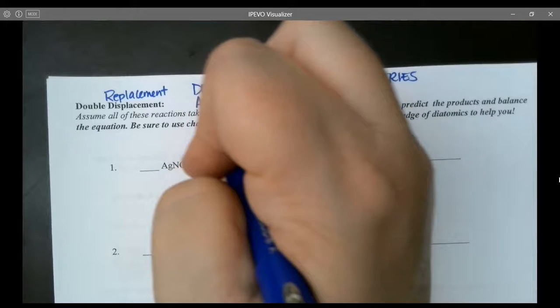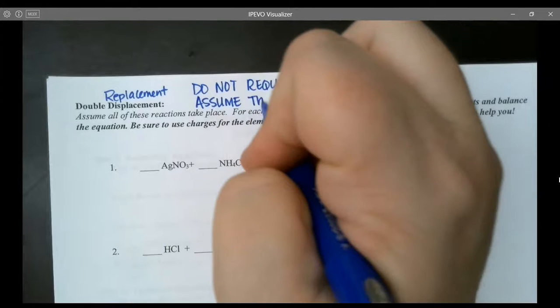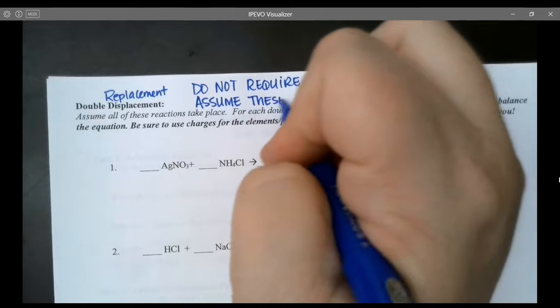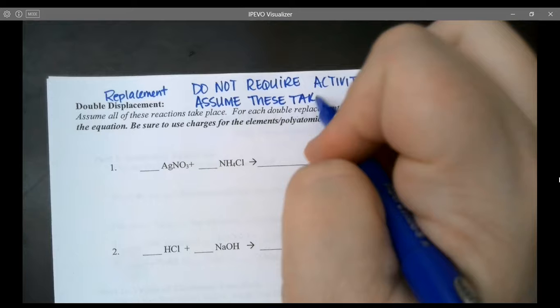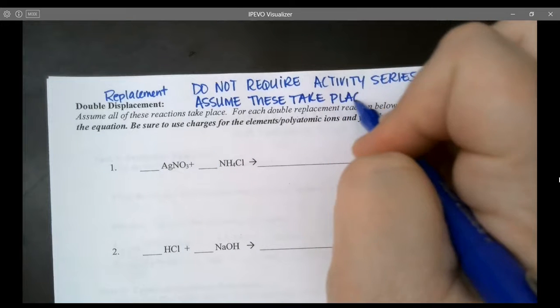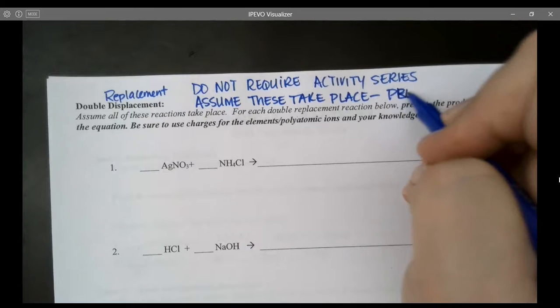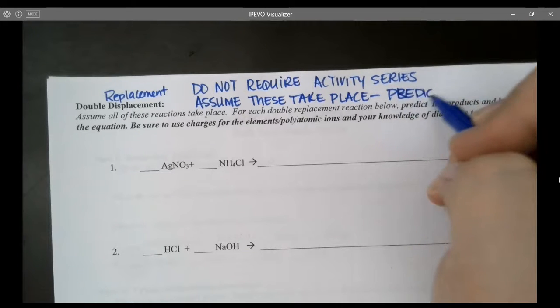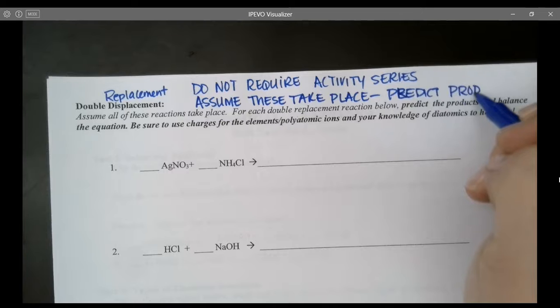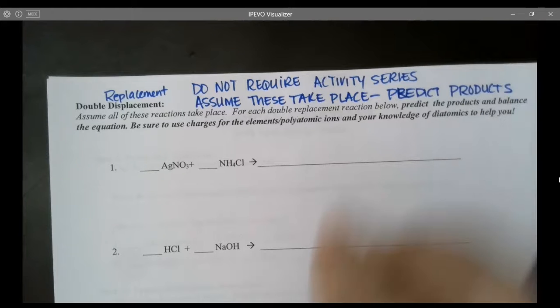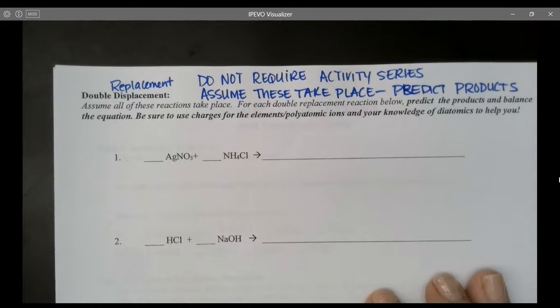So we're going to assume that these take place. And you're going to, good thing I can spell, predict products. Okay, so we're just going to go straight into predicting products.